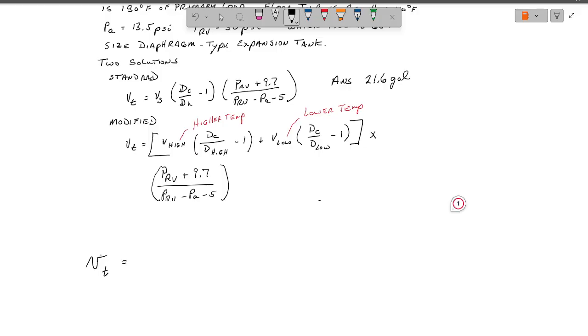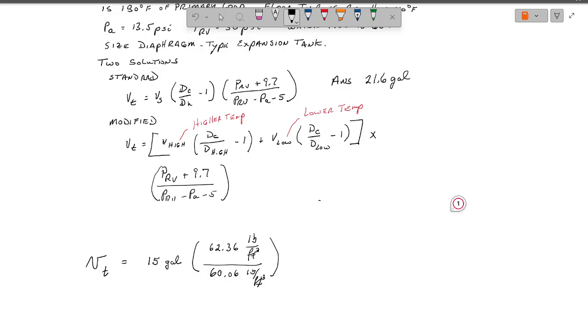So VT is equal to the higher temperature, higher volume, and that's in the boiler, so that's 15 gallons. And you're going to multiply that times the density of the cold water coming in, and that'll be 62.36 pounds per cubic feet, divided by the density of the boiler water, which will put it at 60.06 pounds per cubic feet.